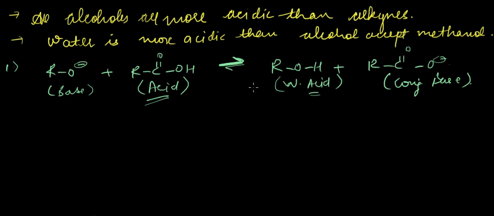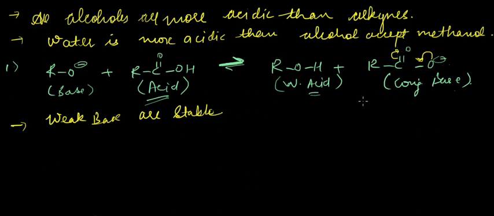Okay. So weak base. Okay, so next point is weak bases are stable ions. So from this acid we get this conjugate base, and this conjugate base is actually stable with the help of resonance, hence this is a weak base.